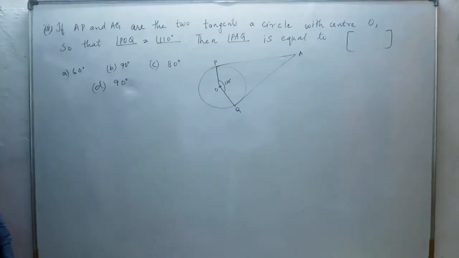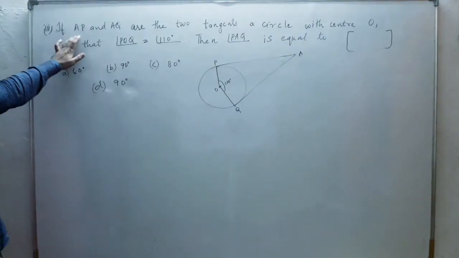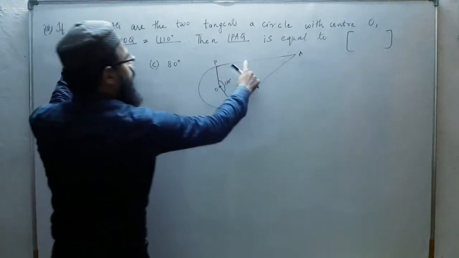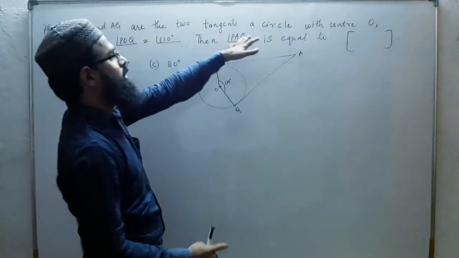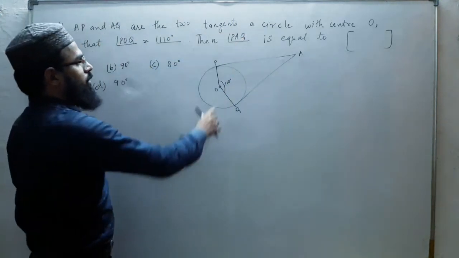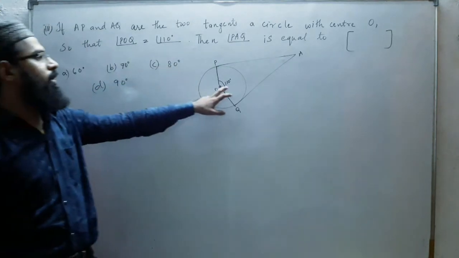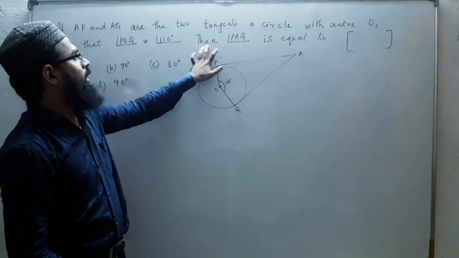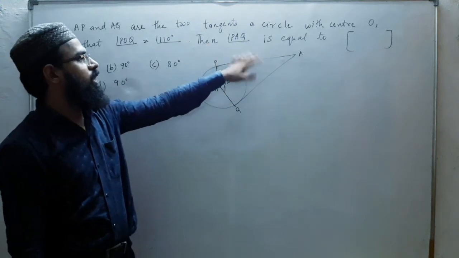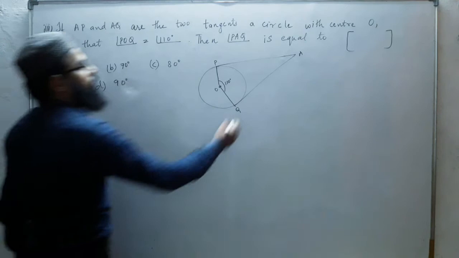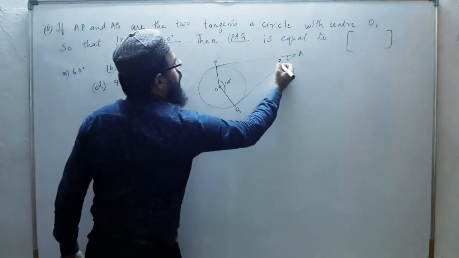This is the third bit. In this they said that if AP and AQ are the two tangents of a circle with center O, so that angle POQ is equals to 110 degrees, then we have to find angle PAQ.